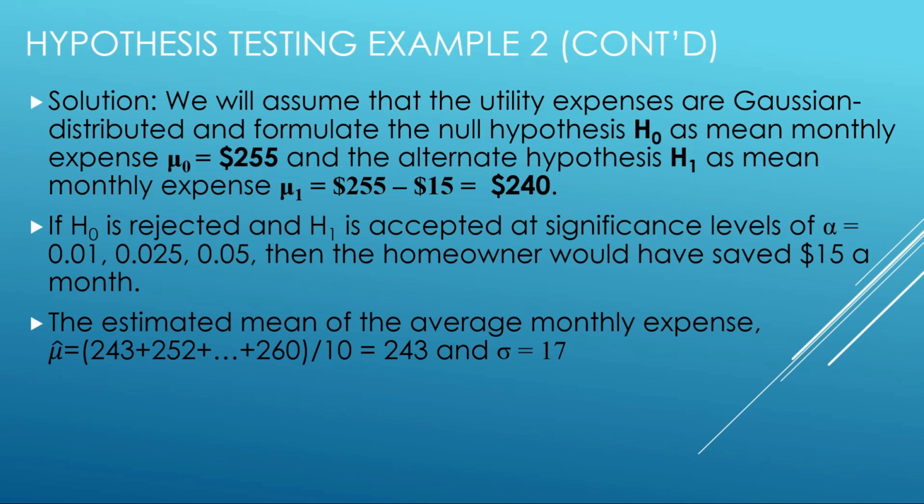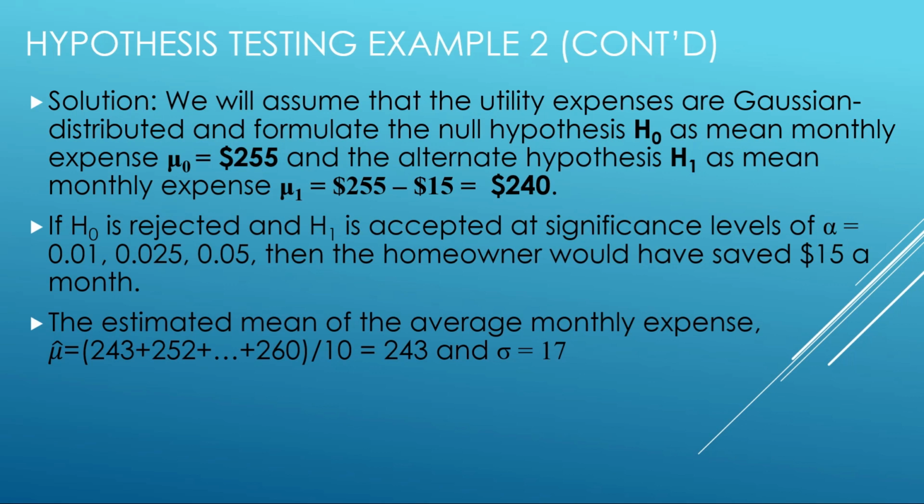So our mu1 is equal to $240. If H naught is rejected and H1 is accepted at significance levels alpha of 0.01, 0.025 and 0.05, then the homeowner would have saved $15 a month.